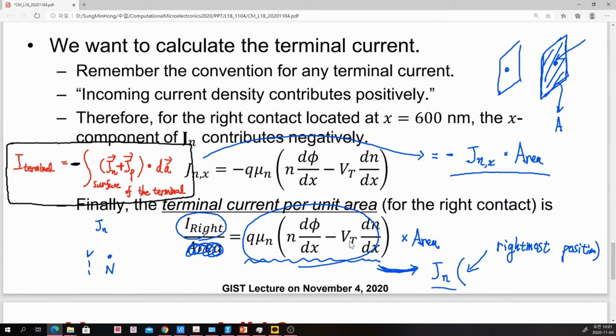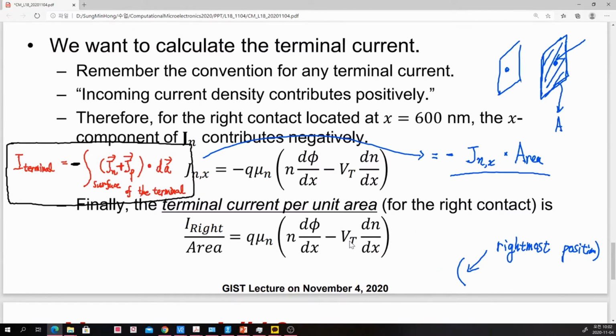When you try to implement or evaluate the terminal current, sometimes you will fail to get the correct value. So don't be fooled by signs. Please keep in mind, every time you calculate the current, you have to keep the directional convention. The terminal current is always defined as incoming flux.